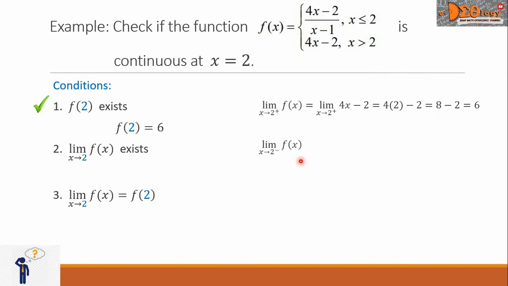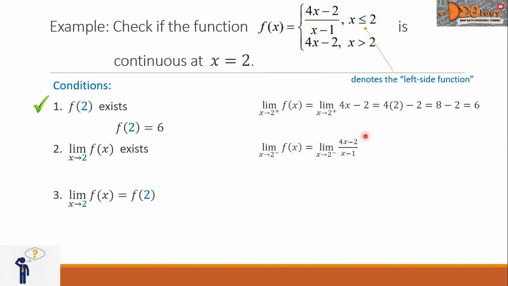Let us check for the left side limit. That is the limit of f of x as x approaches 2 from the left. In here, this less than idea in the first subinterval denotes the left side function. So we're going to use this function for our limit here. So we write now the limit of 4x minus 2 over x minus 1 as x approaches 2 from the left.